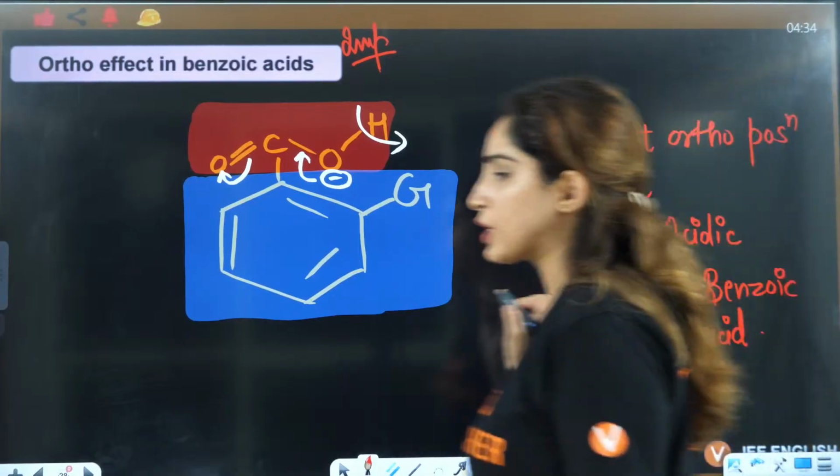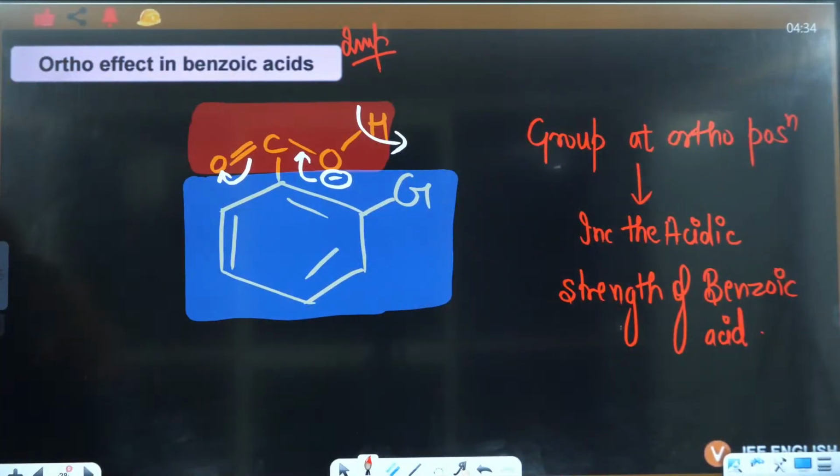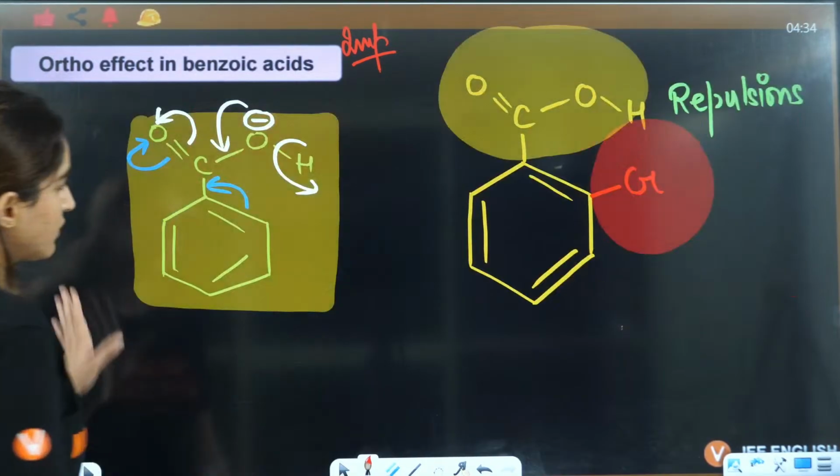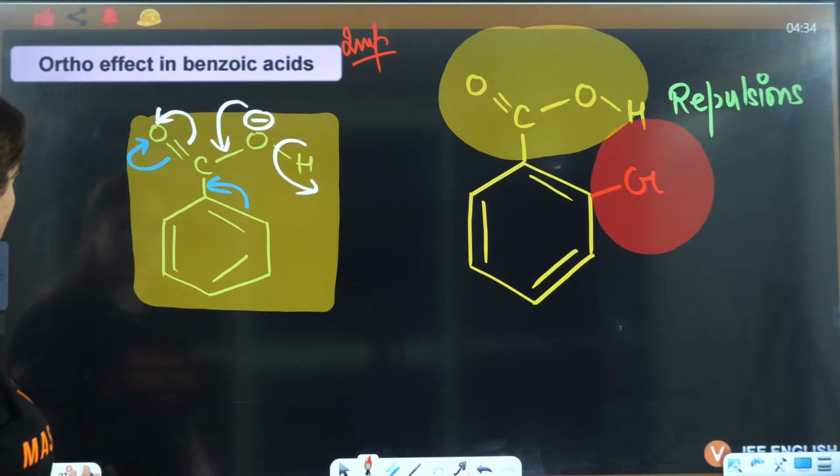That's how it is going to increase the acidic strength of benzoic acid, okay, yes. So now if you see this here, that is done, this is okay, this is okay.